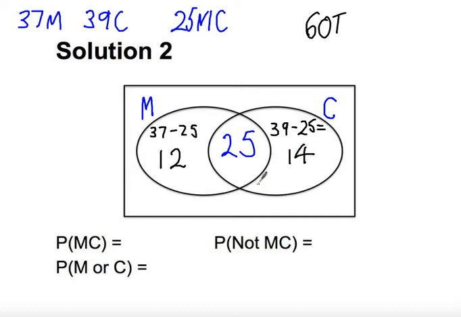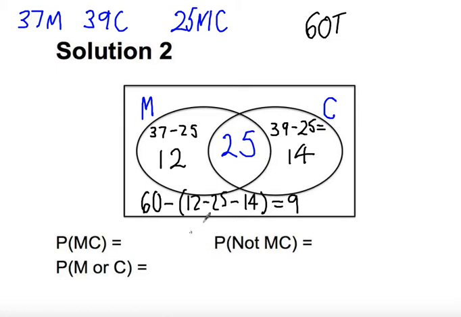And so I want to find the remaining students from 60 that are not in these sets already. So 60 minus 12 minus 25 minus 14 equals 9.